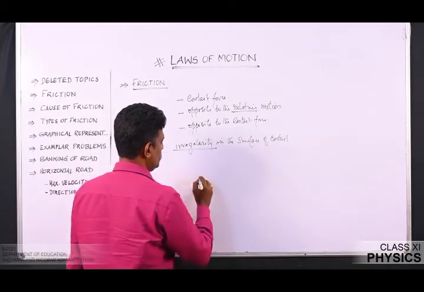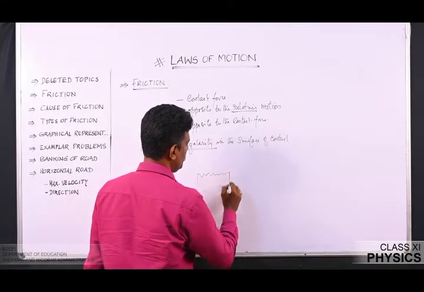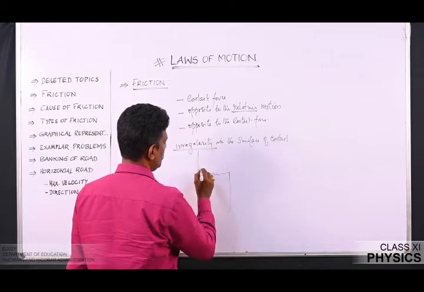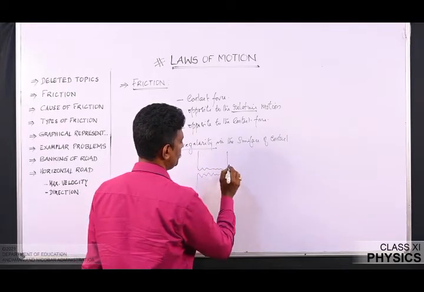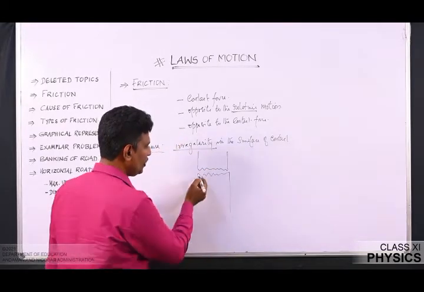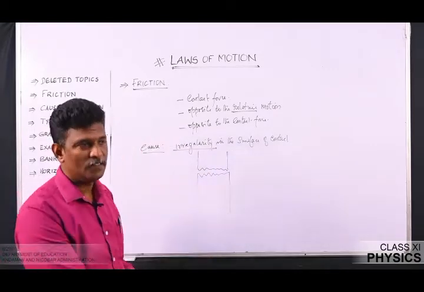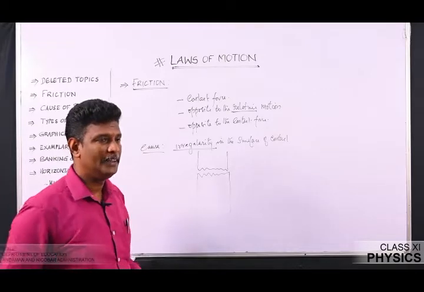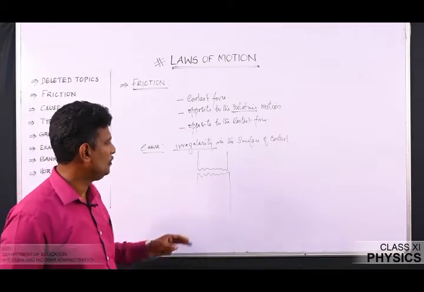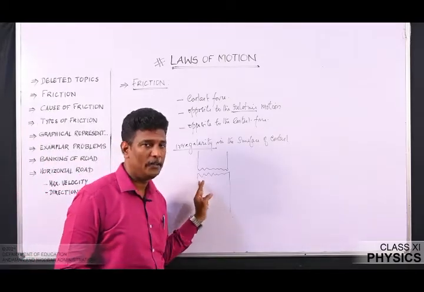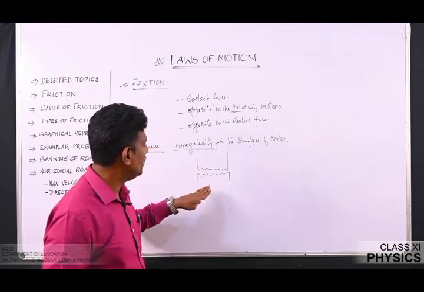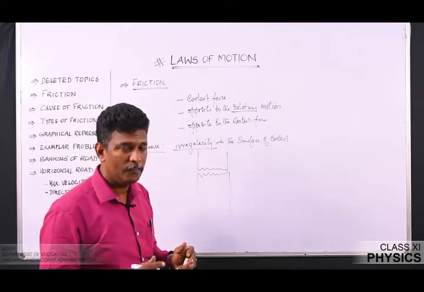Let us take this as one surface and this as another surface. There is an irregularity. If you see a surface that looks very smooth, it is not actually smooth. If you see the surface microscopically, you will find a lot of irregularities.